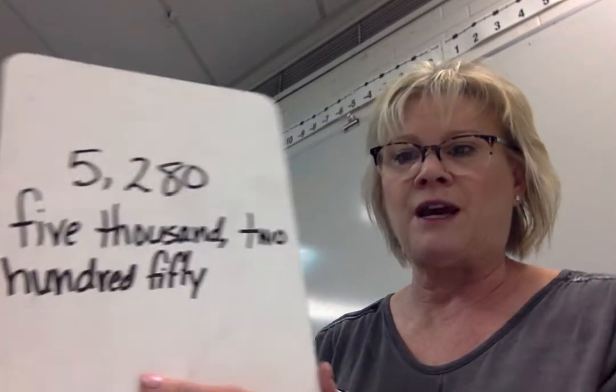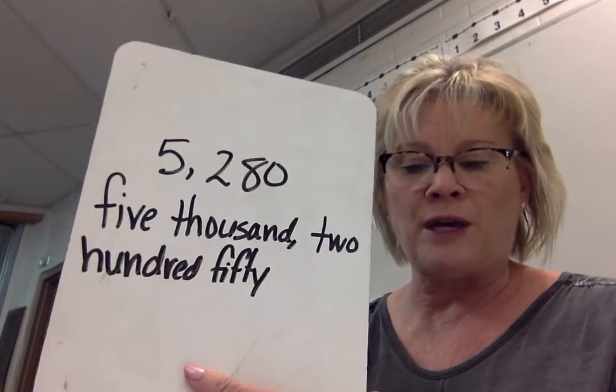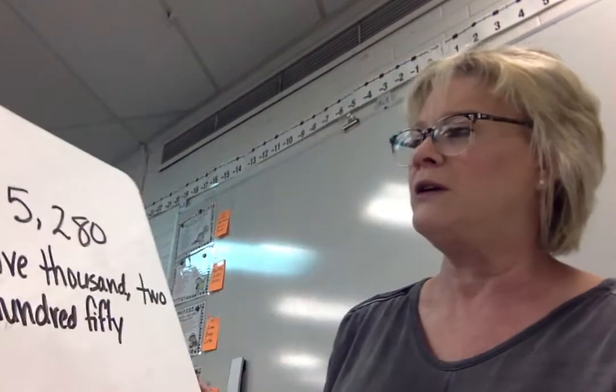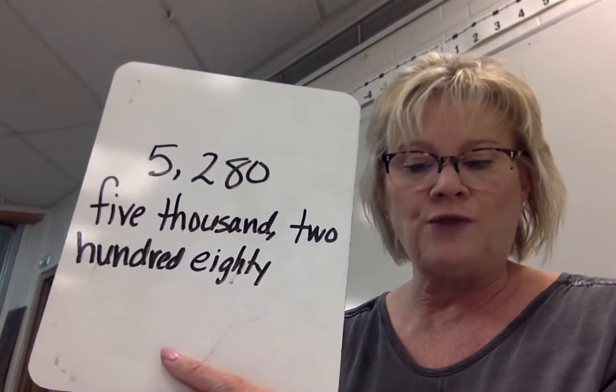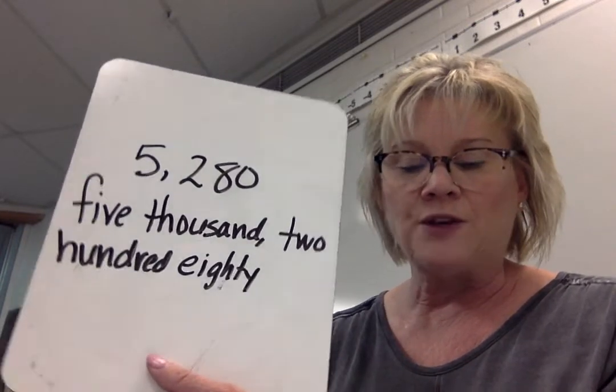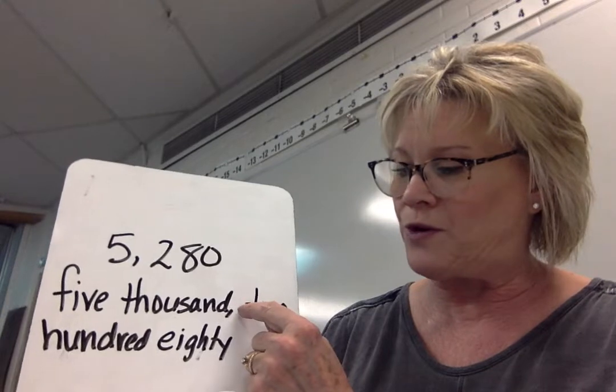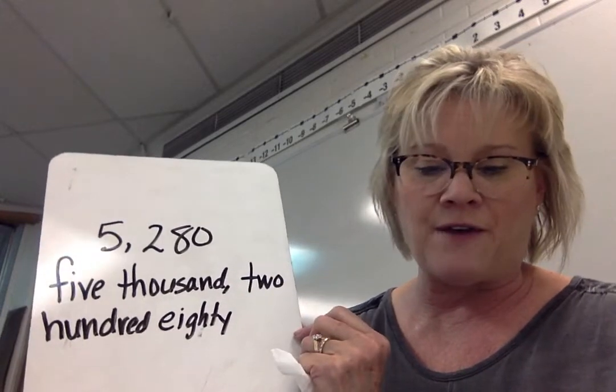Then 250. So now I have 5,000 comma 200. Whoops, I wrote 50 and I needed to write 80. Sorry, boys and girls. 80, there, I fixed it. 5,280. So remember, after I write the word 1,000, I have to have a comma.